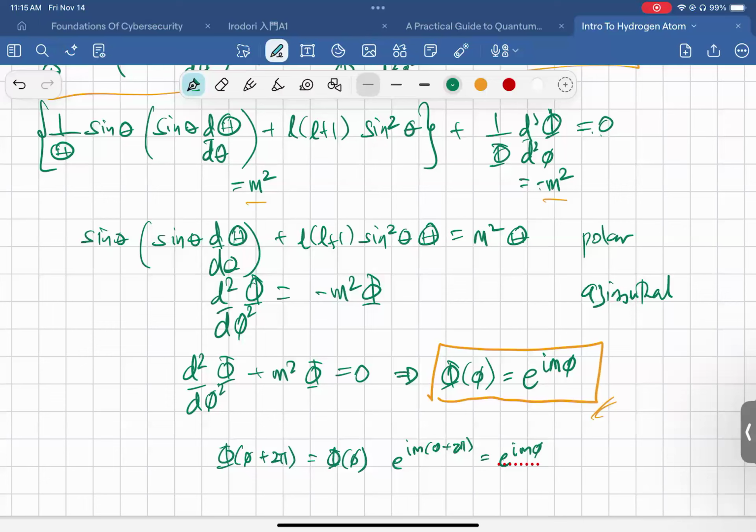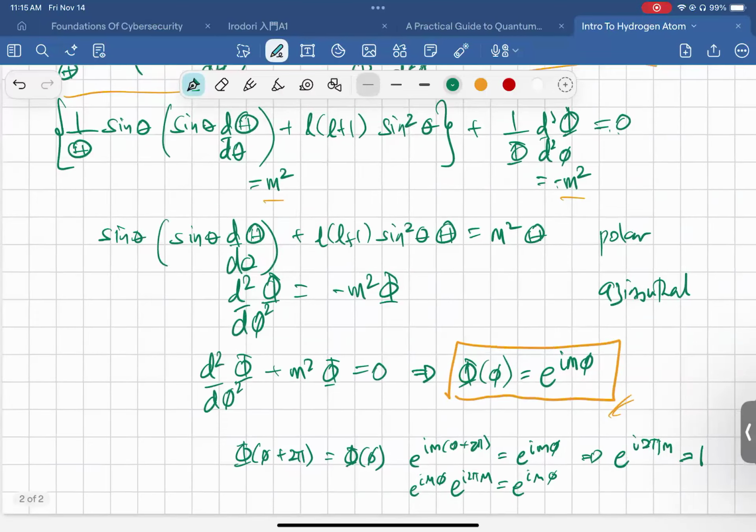So this means that exponential i 2 pi m must equal 1, because exponential i m phi times exponential i 2 pi m equals exponential i m phi, and when they cancel, it becomes equal to 1.